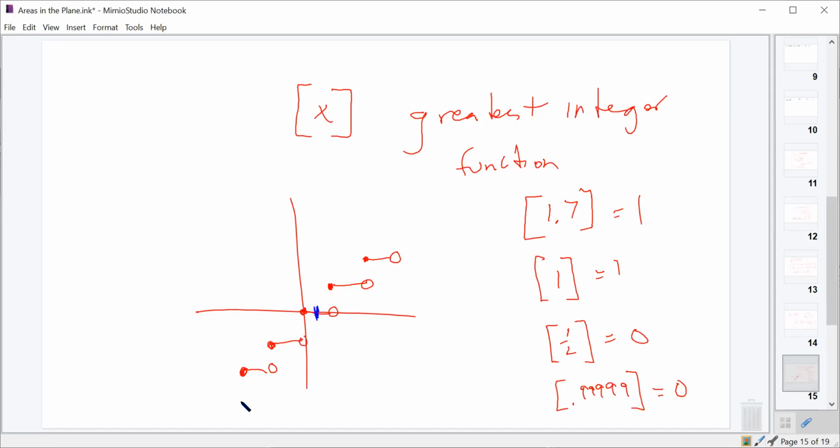As I approach -2 from the left, my value is -3. But as I approach it from the right, my value is -2. So from the left it's -3, from the right it's -2, so the two-sided limit wouldn't exist for 29.